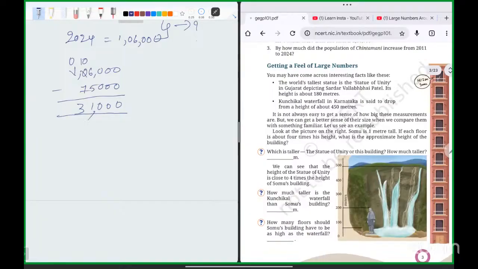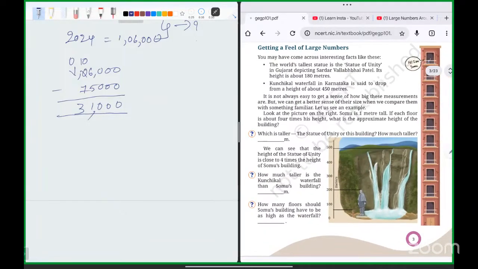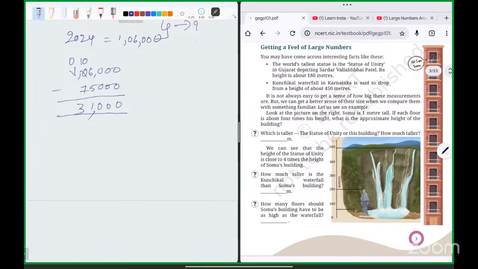So here they have given a picture. Look at the picture on the right. Somu is 1 meter tall. If each floor is about 4 times his height, what is the approximate height of the building?